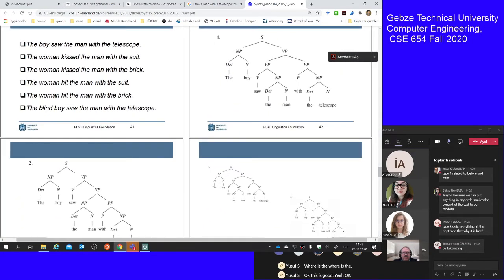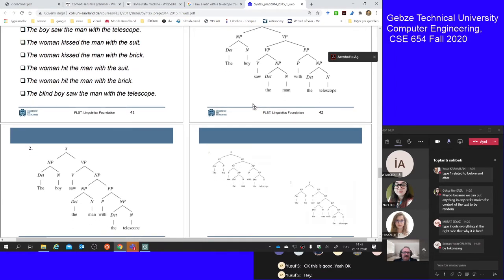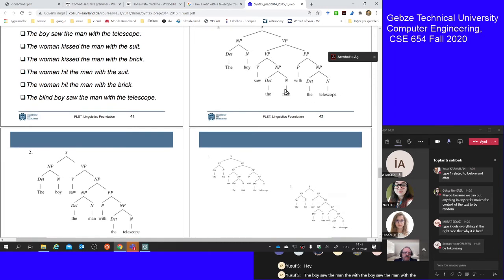See, the boy saw the man with the telescope. Okay, question. Do you see this one on the right?